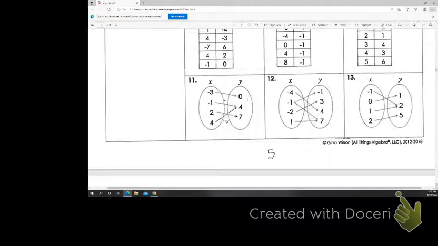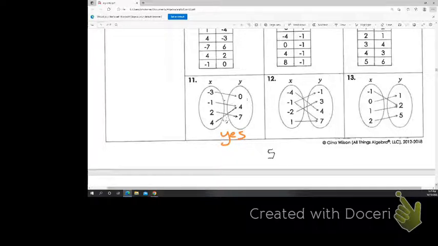So what does that look like when we're talking about our mapping diagrams? Well, for our mapping diagrams, that means we only want one line coming away from each x. So number 11 here, yes, that is a function. So we have -3, 0, -1, 4, 2, 7, and 4, 4. But they would all have different x's.